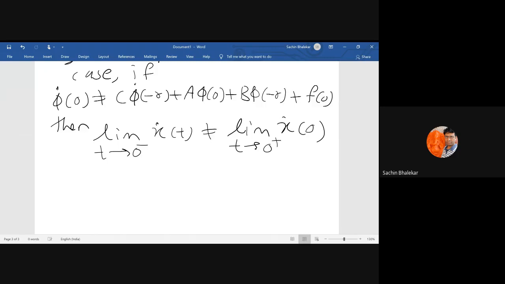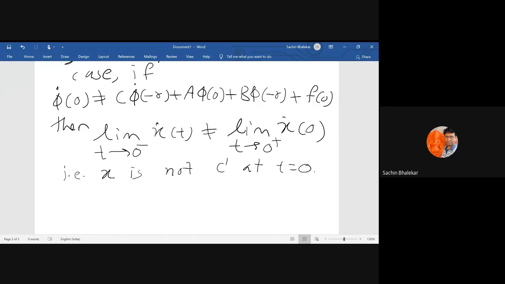Okay, these things are not the same, which means the derivative is not continuous. x dot is not continuous at 0, which means x is not C1 at t equal to 0. Okay, and the converse is also true.